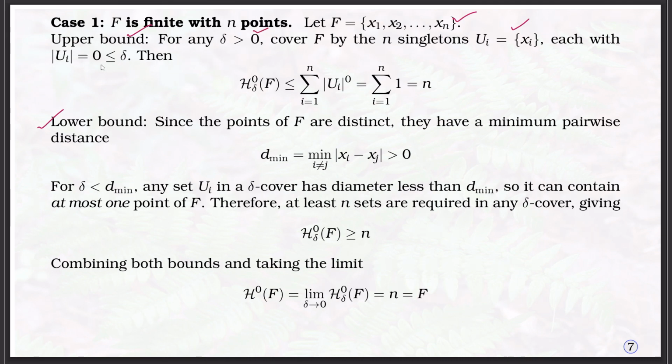Each has diameter 0, because if you take any two elements in a singleton, there is a single point only, so the distance is 0. Therefore it is less than or equal to delta for any given delta greater than 0.